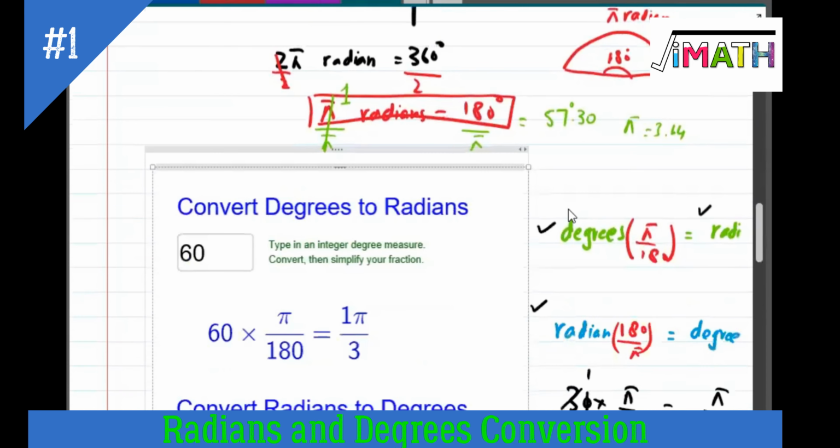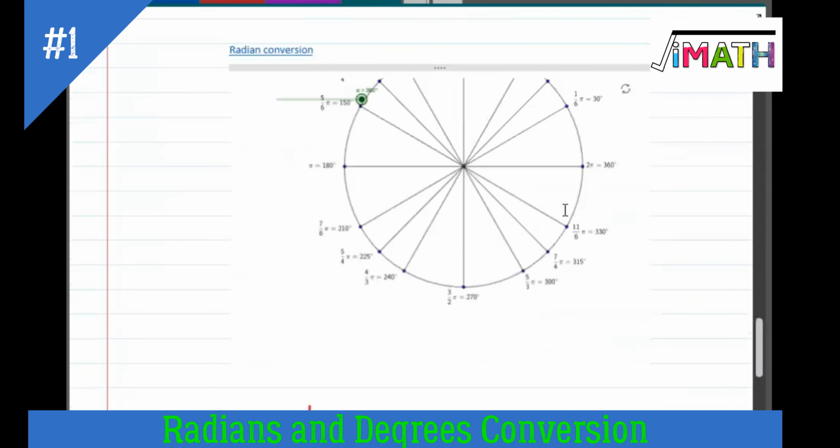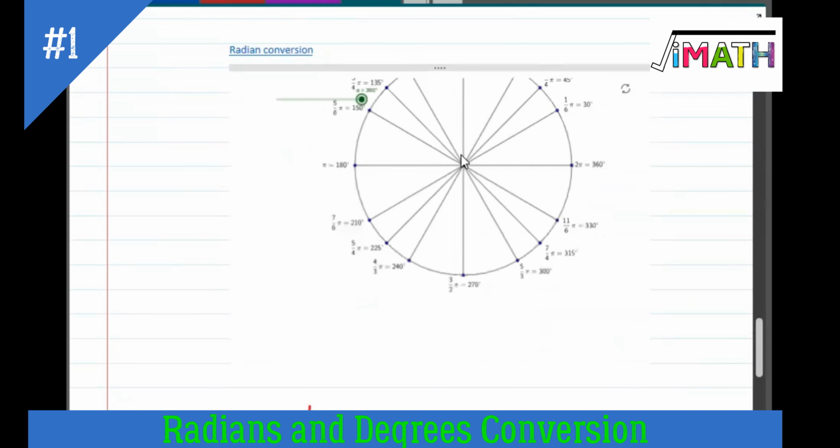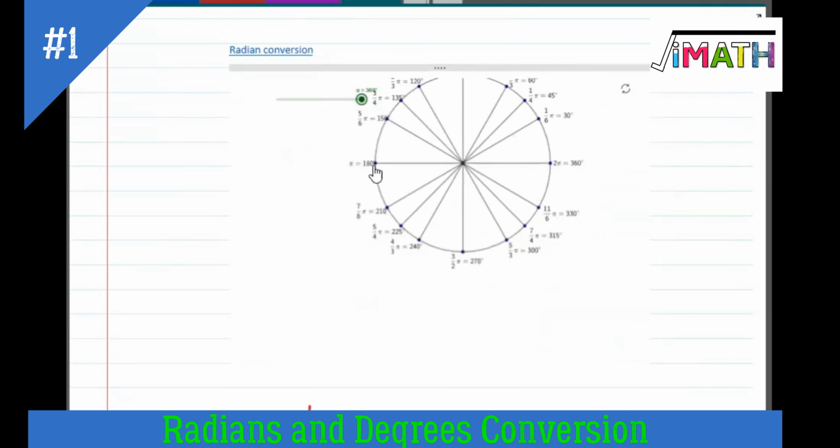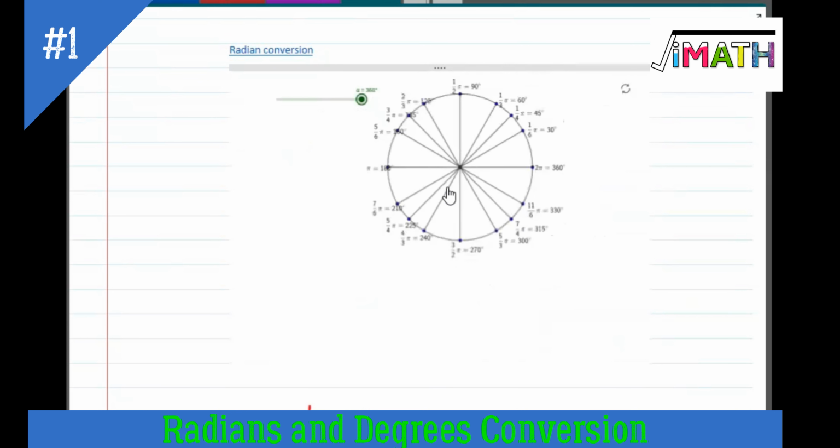For today, I want you to convert only these angles: 0, 90, 180, 270, and 360. Can you convert these degrees into radians? Yeah, you can use your paper and just send me the second part of the assignment as well once we are done.